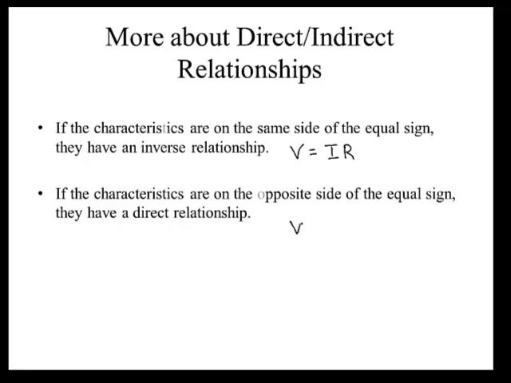But if you are looking at characteristics across the equals sign, so for example current and its relationship to voltage, or resistance and its relationship to voltage, these are going to be direct relationships.